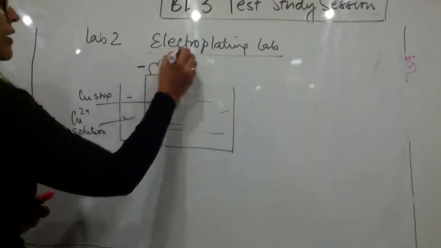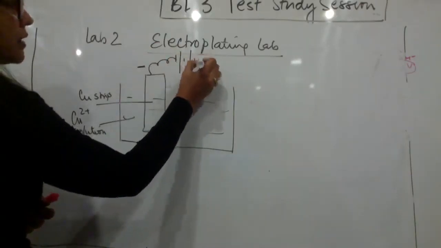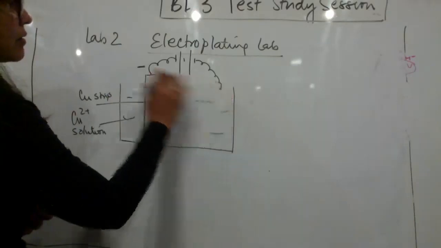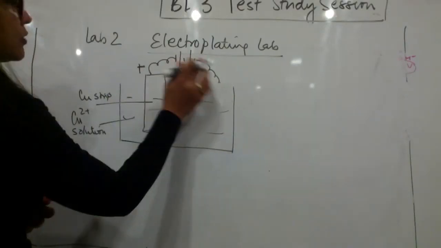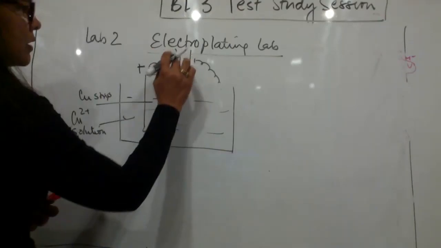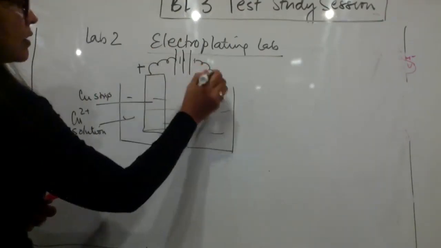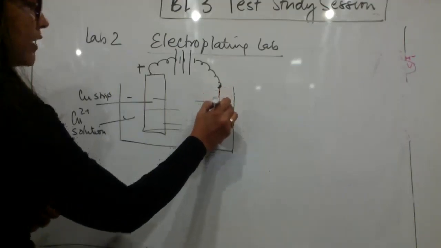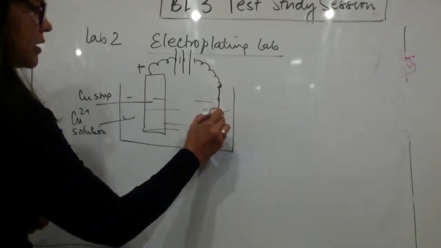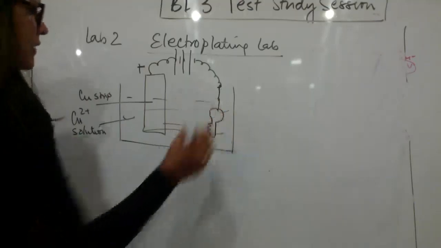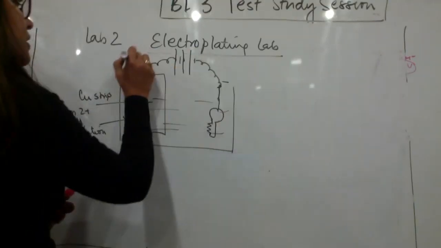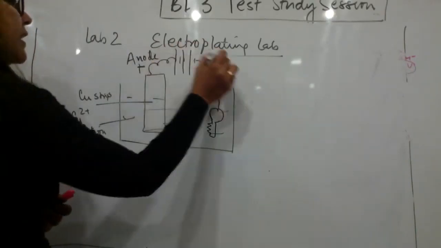So this is negative, positive. No, positive is anode. And negative is, then through a wire, I put a key in there, okay? So this is negative.